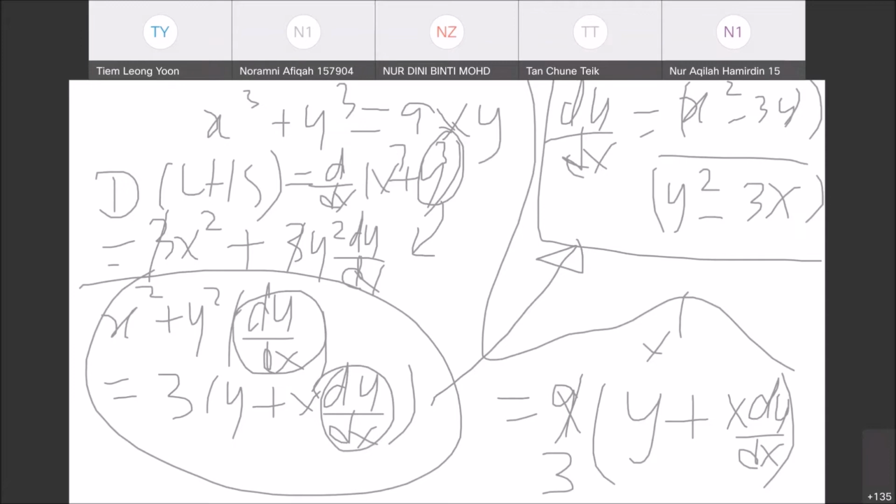Okay, so I think we have to do this as well, because we have to evaluate the tangent, so it's not enough to stop here. So assume that my answer is correct. Now let me know in case I make some stupid mistakes. dy dx equals x squared minus 3y over y squared minus 3x.